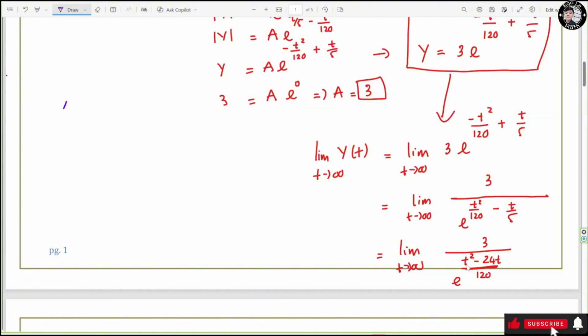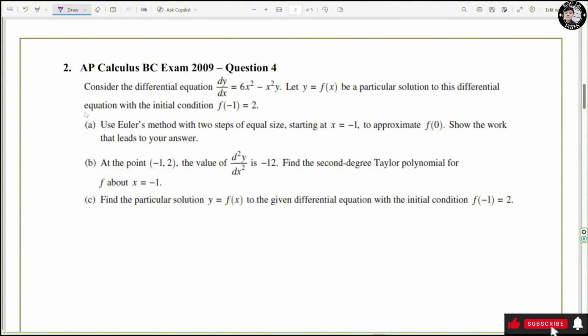Now when t approaches infinity, this term grows faster than this term, so we can ignore this one. So this becomes 3 over infinity, and it's going to be 0.